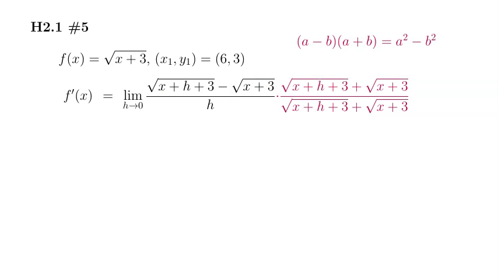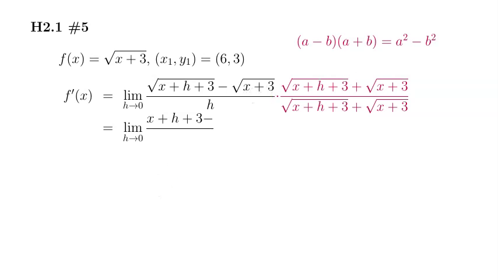Go ahead and multiply out. We still have a limit. The numerator is going to be a squared, so you just remove the square root and end up with x plus h plus 3. Then you have a minus sign, and you need to subtract b squared, which is just x plus 3.